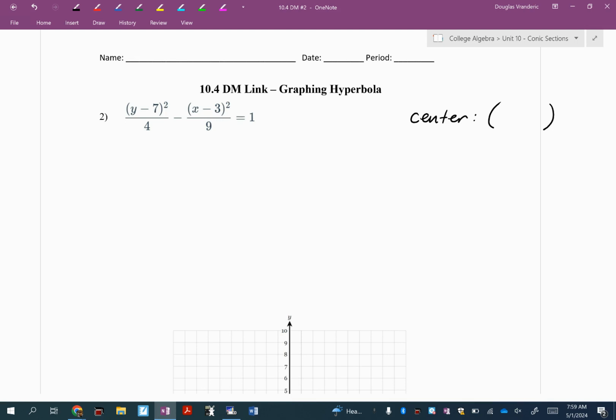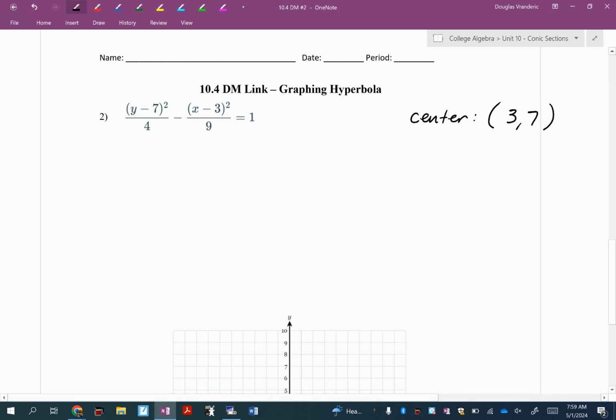There's one thing I would change, though. Minerva, do you remember what we need to talk about here? The X, whatever is with the X, has to be written first. So even though you see the 7 and then the 3, this center is actually going to be 3 and 7. Very good.